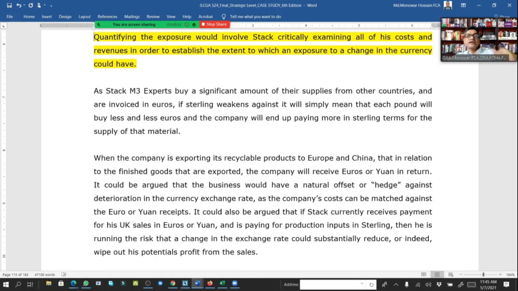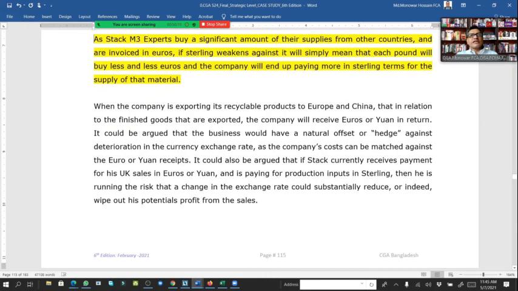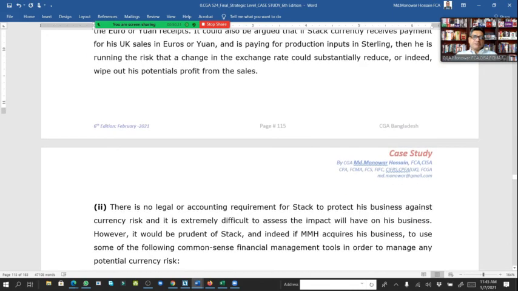They have to pay in euro currency, converting pounds to buy euros. So here are the conversion or currency risks when the company is exporting recyclable product to Europe and China, in relation to financial goods and exporters; that type of currency problem is also here.